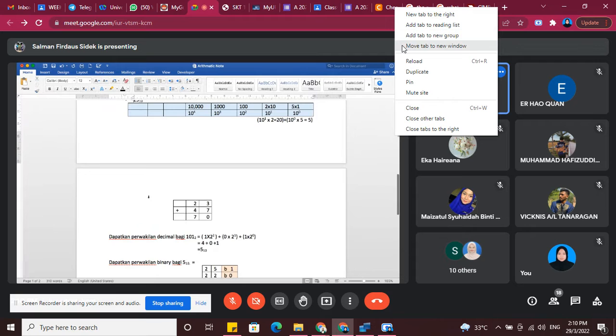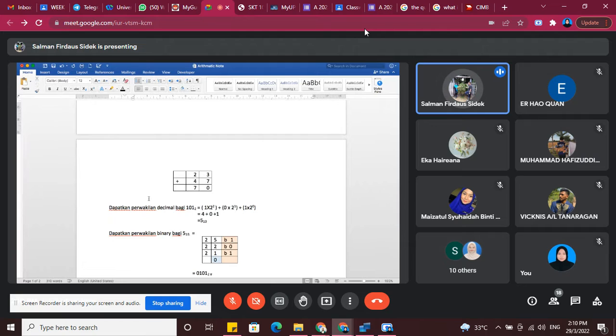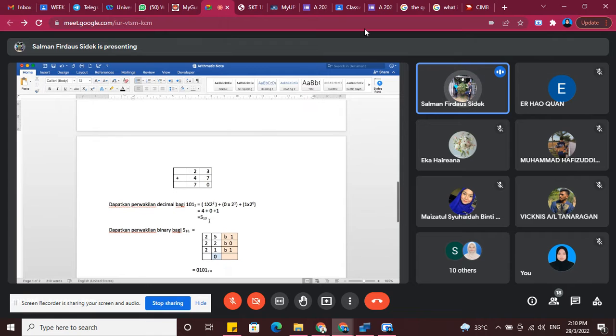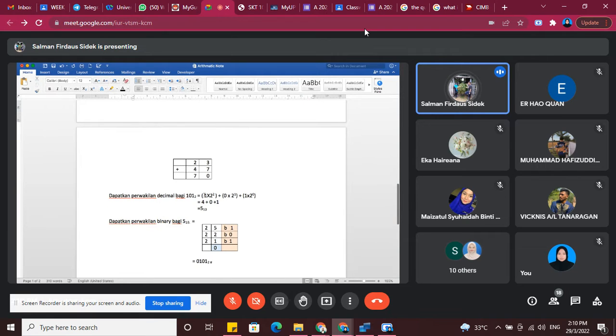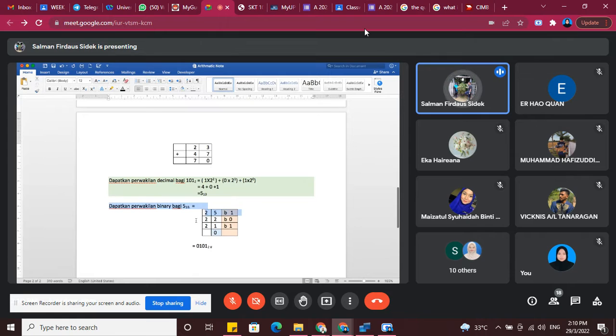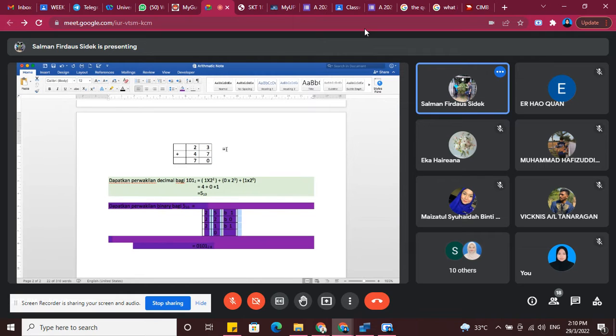Before that, we ended the last class with how to convert binary to decimal, as well as how to convert decimal to binary using specific techniques. This is the first technique. I put the color here. The green one is the technique to convert binary to decimal, and the other one I put as a yellow one.